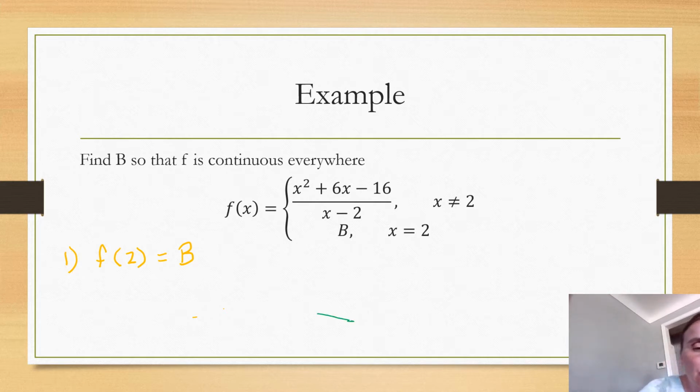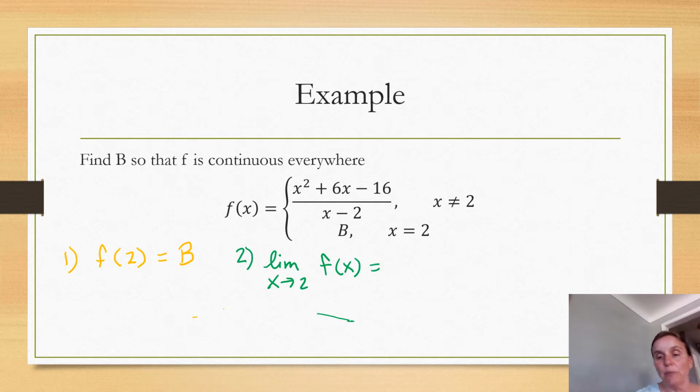Now for part two of that continuity test, we need to look at the limit as x approaches 2 of f of x. And because this is a rational function, we're going to do a little bit of working on manipulating this algebraically. I see that I've got a function that I can factor.